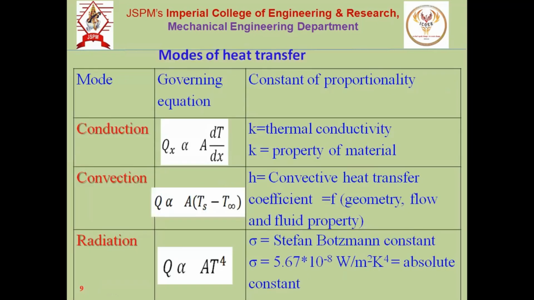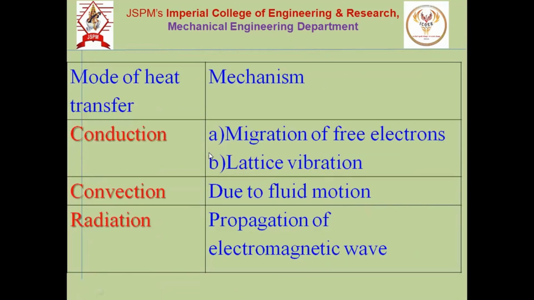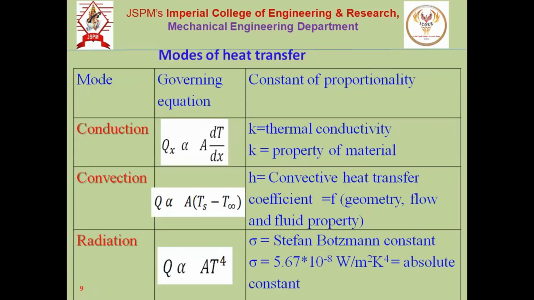Now comes the governing equation in conduction. In conduction, the heat transfer is directly proportional to the temperature gradient and area. Where the constant of proportionality comes to be K. K is what?